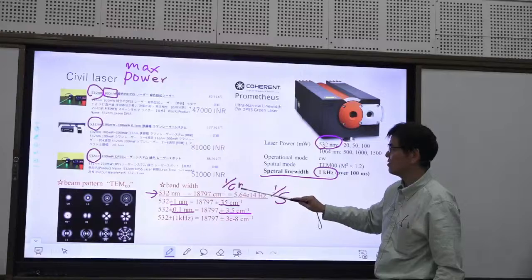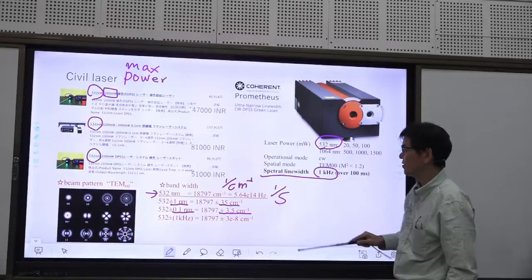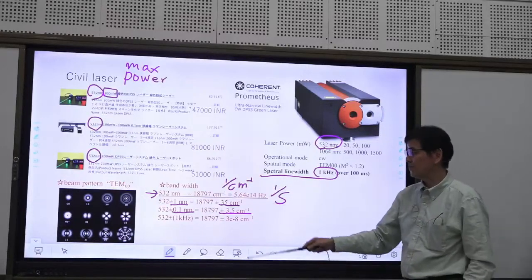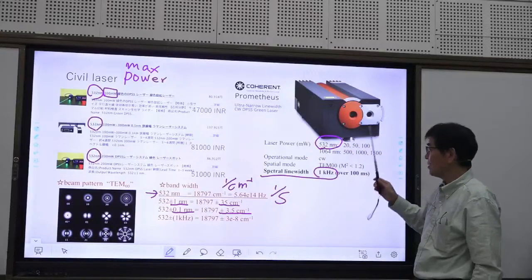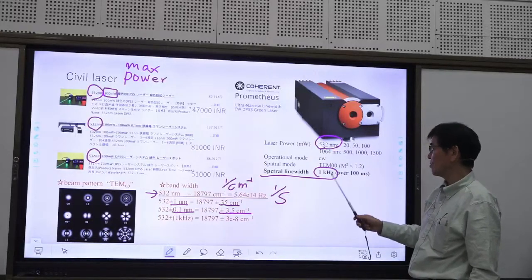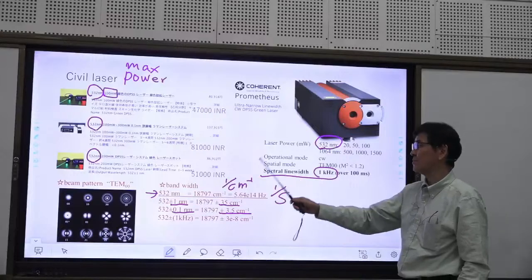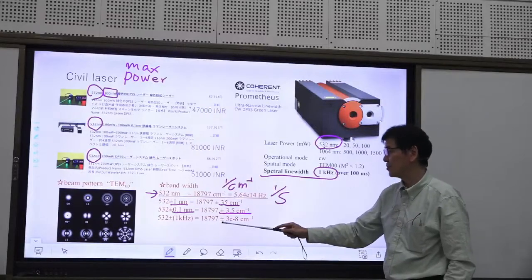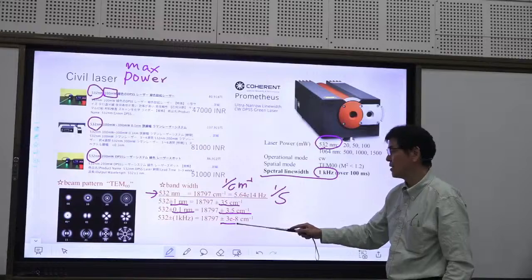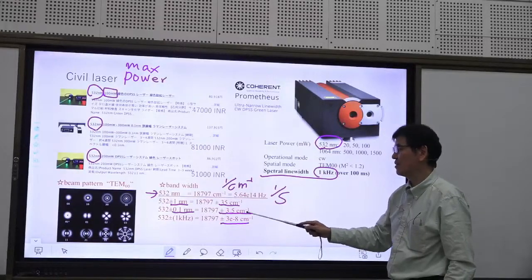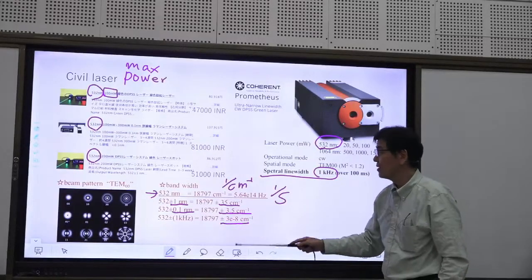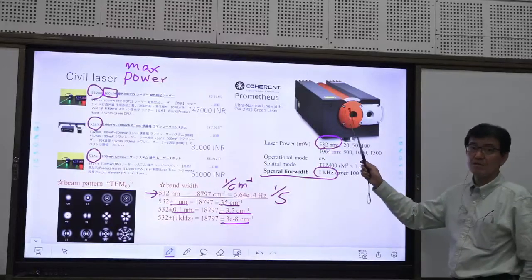Okay, so it's convertible. If I convert 1 kilohertz to wave number, it corresponds to 3 by 10 to the minus 8 power centimeter inverse. So this is extremely pure green light.